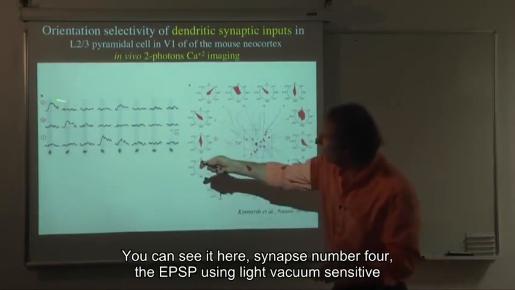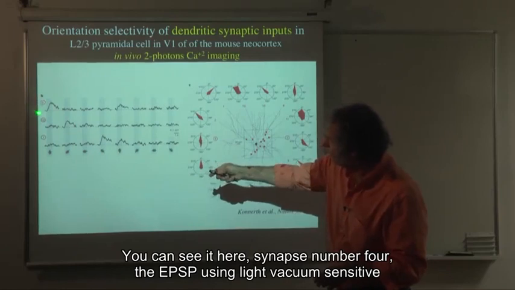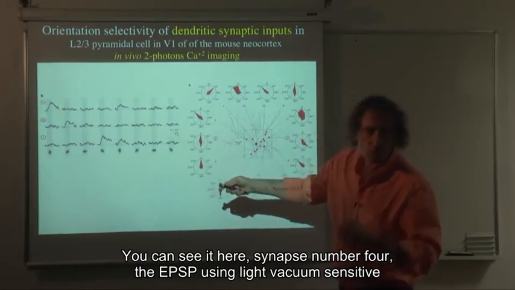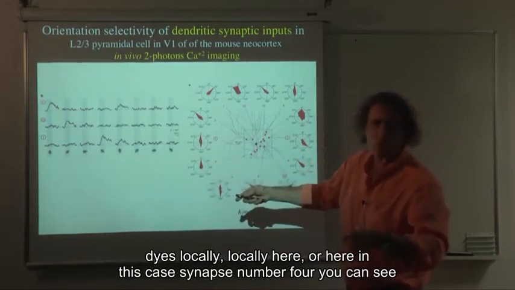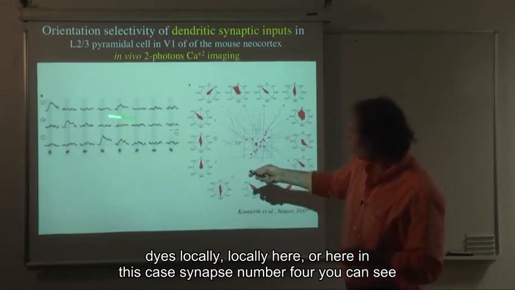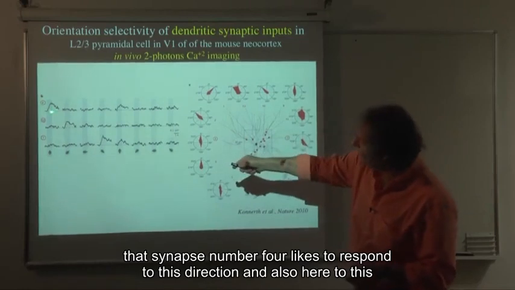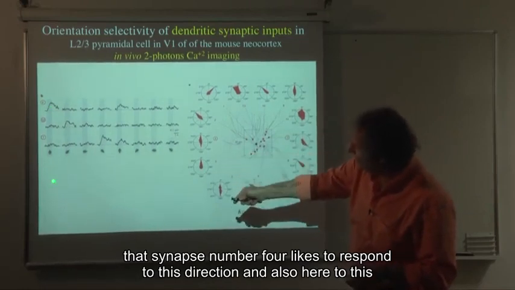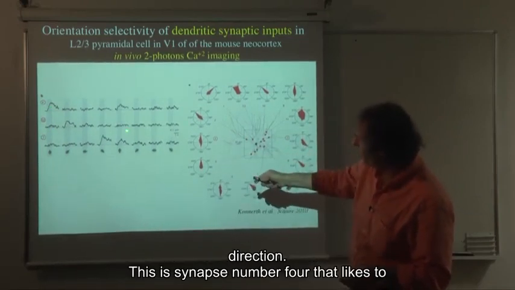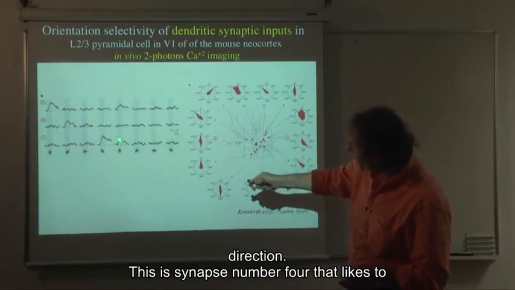You can see it here. Synapse number 4, the EPSP, using light, calcium-sensitive dyes locally, you can see that synapse number 4 likes to respond to this direction and also here to this direction.